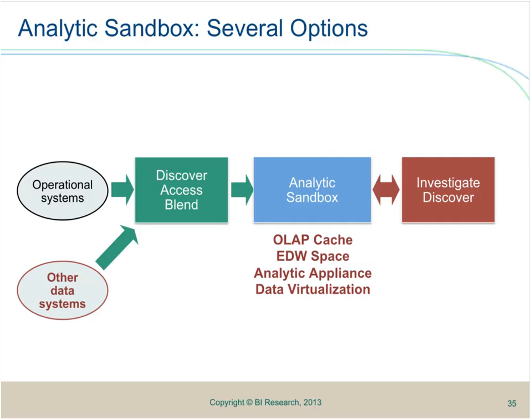The question is, having tuned this sandbox and got a view of the data we need, how do we bring more into the production environment? We can take that sandbox, particularly if it's on something like an appliance, and put it into production, or we can integrate the data back into the data warehouse. And then the role of virtualization is not so much to produce virtual sandboxes, but more to act as a data hub.